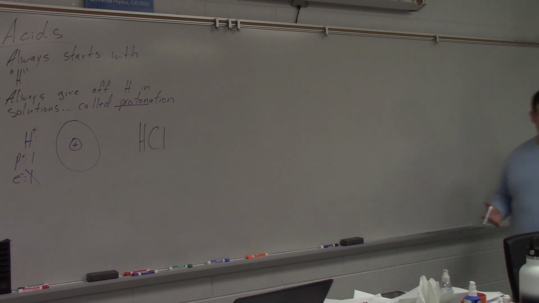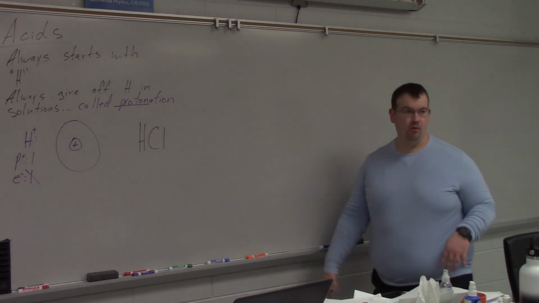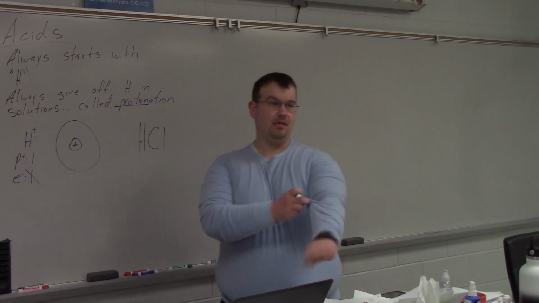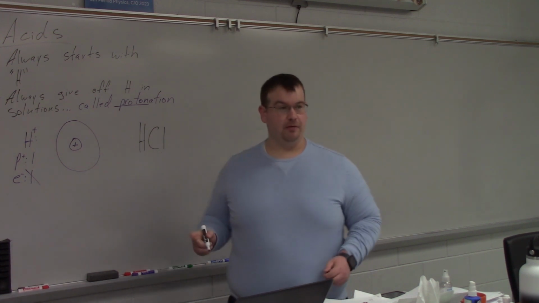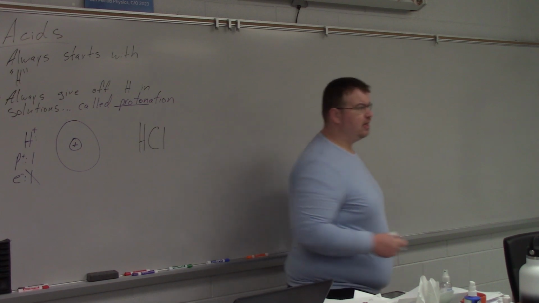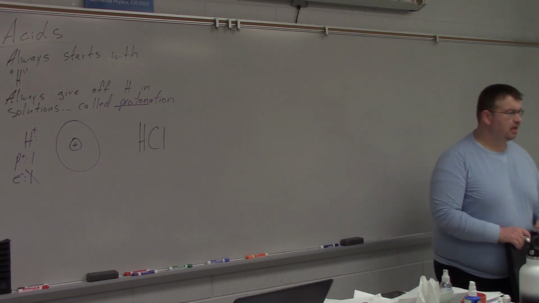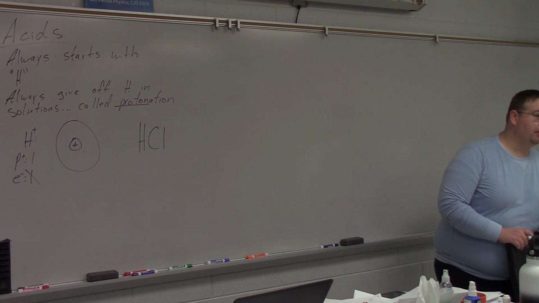Chlorine has a really high electronegativity, so it has a really strong pull on hydrogen's electron. It's really good at pulling those electrons away and giving off hydrogen ions in the solution. This is why acids are really bad, by the way: they love to rip electrons. So that's why they eat away at skin and stuff, right? Yeah, part of it.